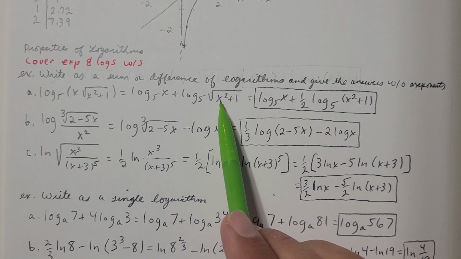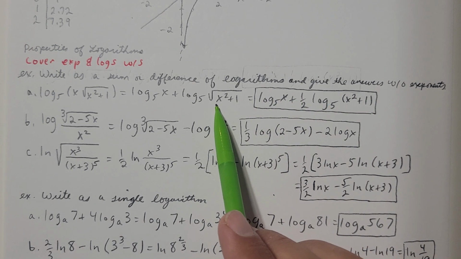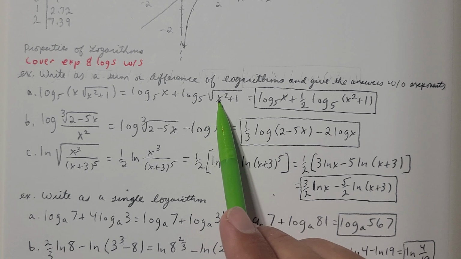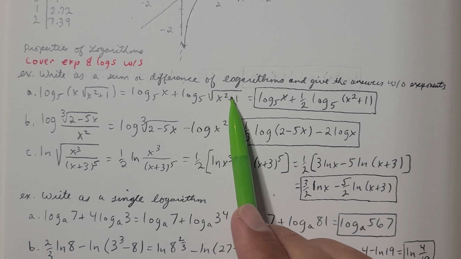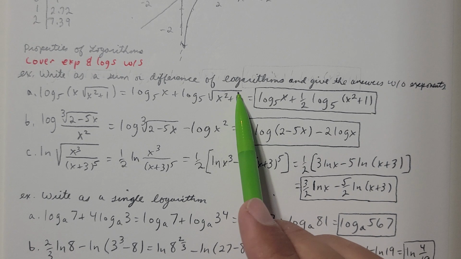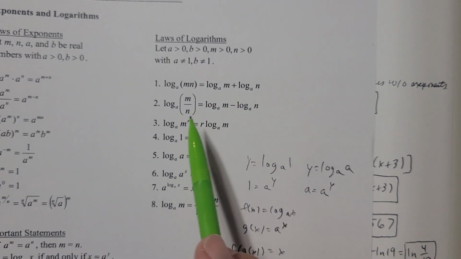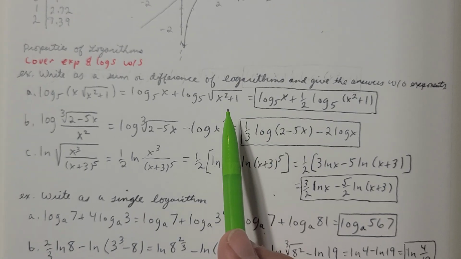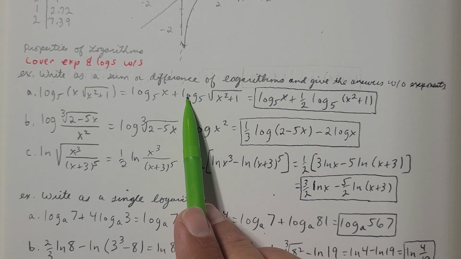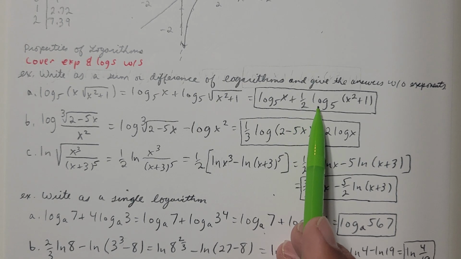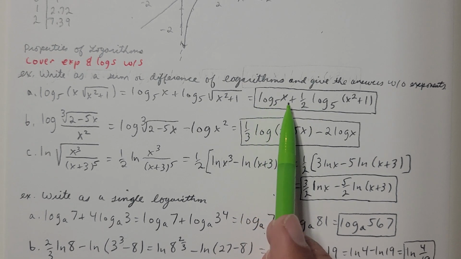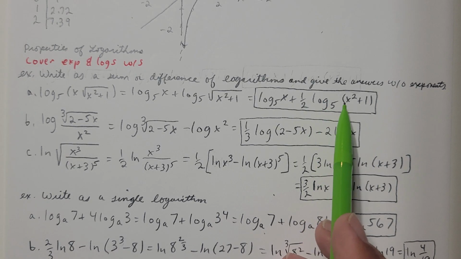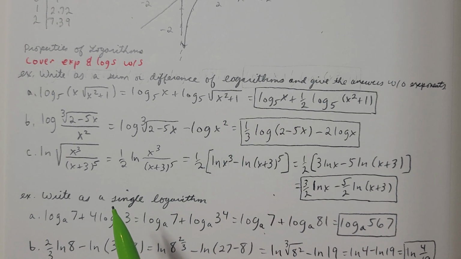The square root of x squared plus 1 is the same thing as x squared plus 1 to the 1/2 power. 1/2 is a power, so that can come out of logarithms. That's step 3. I can bring the power out in front. So I have log base 5 of x plus 1/2 times log base 5 of x squared plus 1.